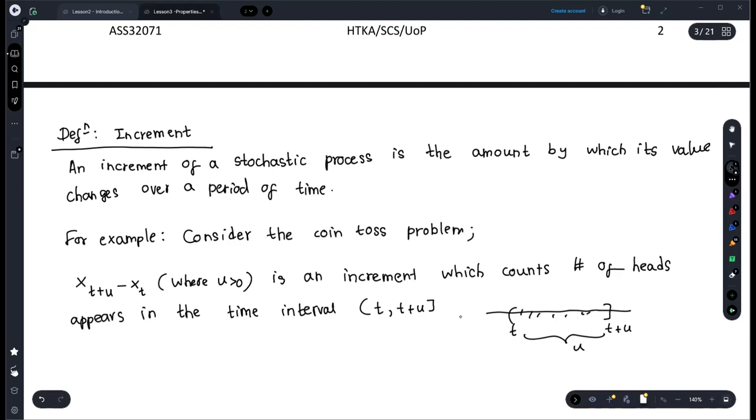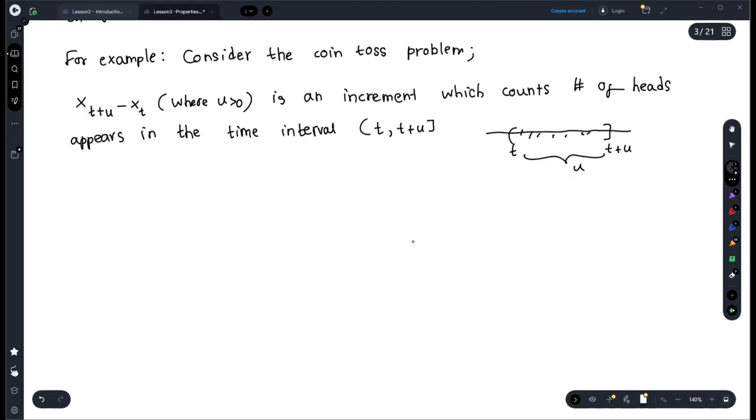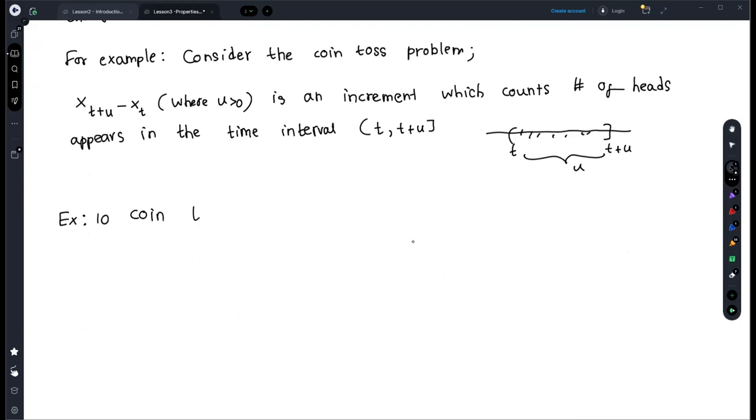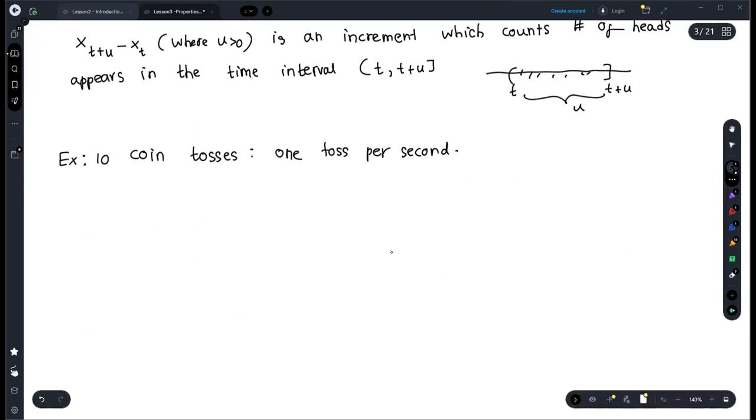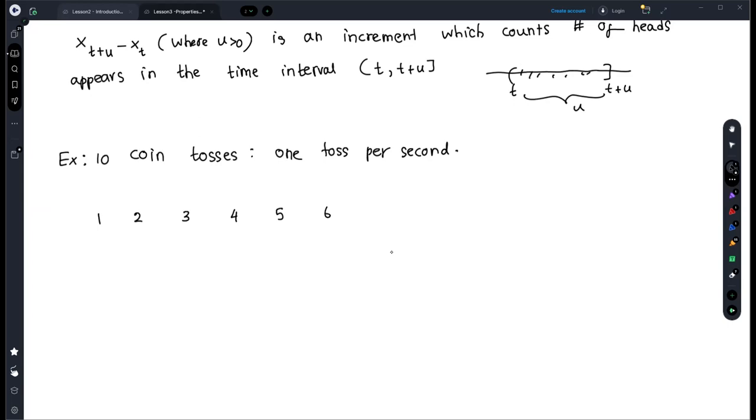Okay. Now let's think about a possible scenario of this experiment, right? 10 coin tosses. So we are doing one toss per second. These are the time values.